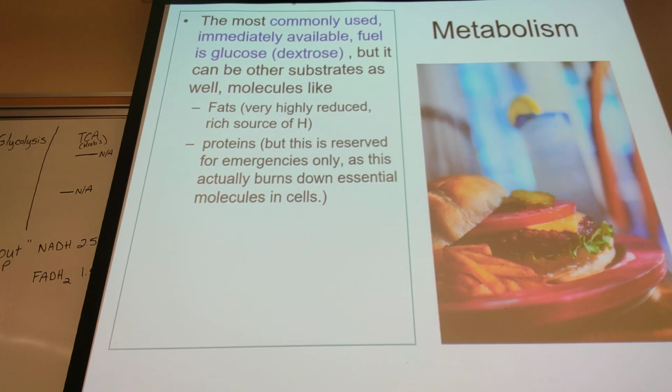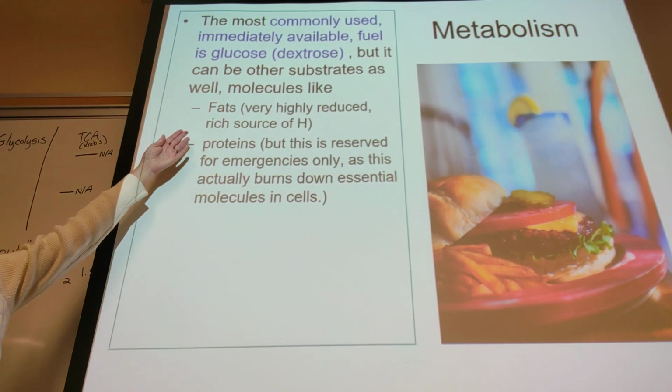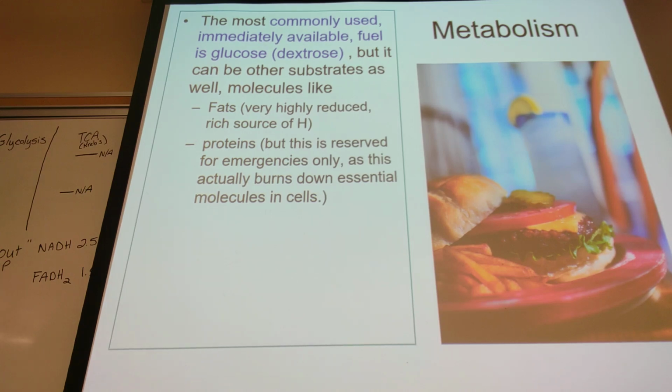The most commonly used available fuel for most cells in your body is going to be glucose. And that's where our story will begin, with a process called glycolysis. We can burn fats, and fats actually give us more ATP because they are long hydrocarbon chains. I'll show you a picture of that towards the end of this PowerPoint.